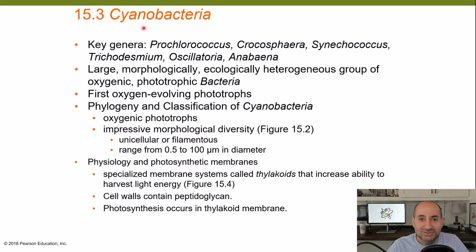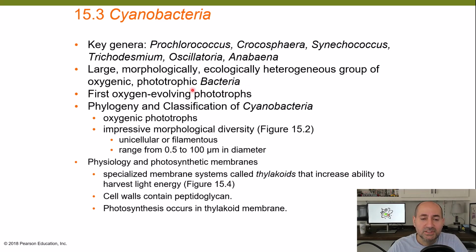Now, let's talk about cyanobacteria, the most important, in my opinion, of these prokaryotic photosynthesizers. These are oxygen producing phototrophs. They are so diverse. They're a large, morphologically diverse, ecologically heterogeneous group of oxygenic, that means they produce oxygen, phototrophic bacteria.